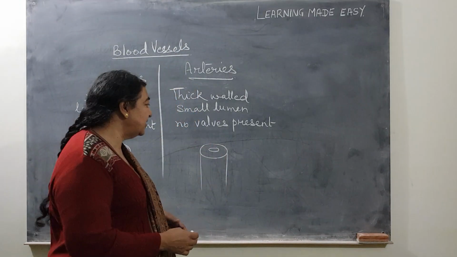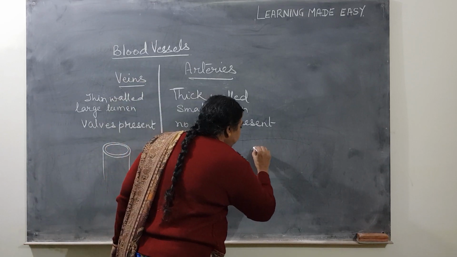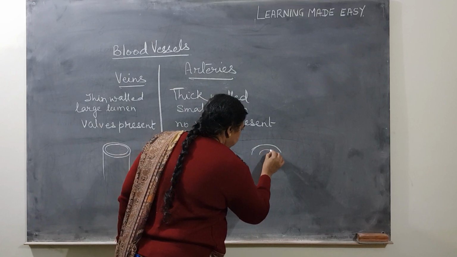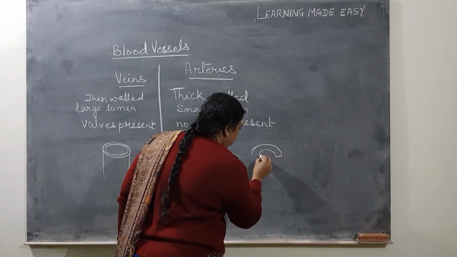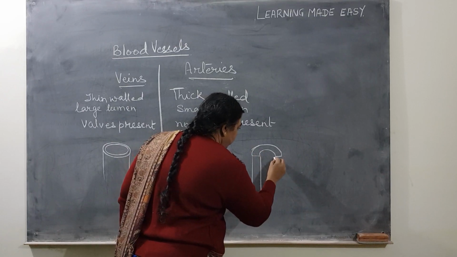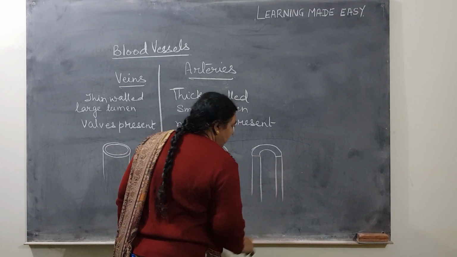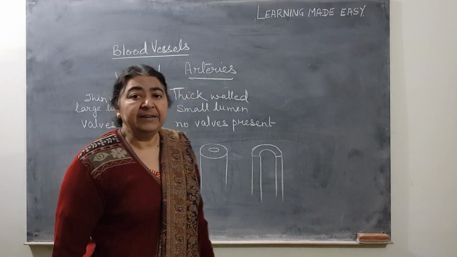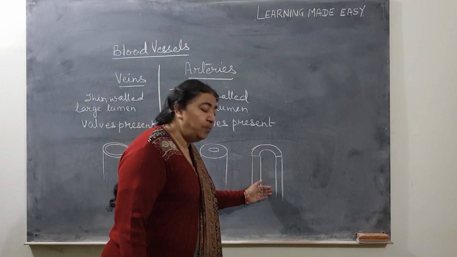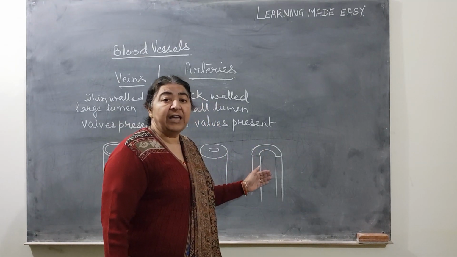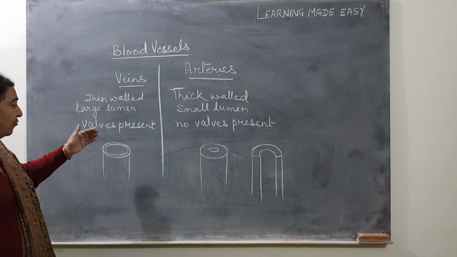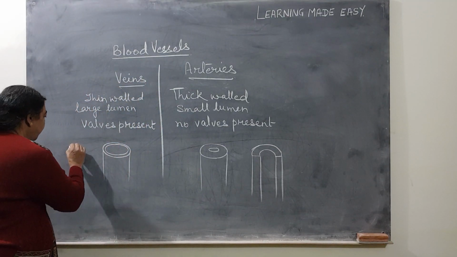When we are drawing a cut section of an artery, this is how we find an artery from inside. It is a plain blood vessel which does not have valves present in it. While on the other hand, when we cut a vein, what do we find?